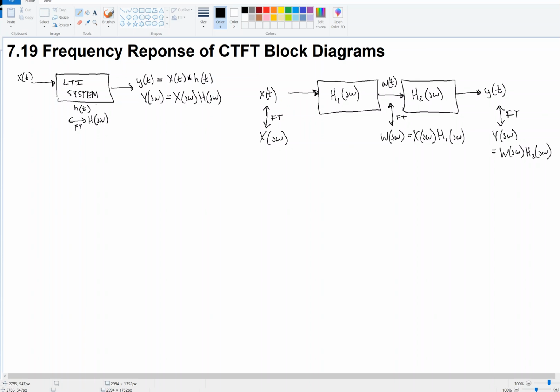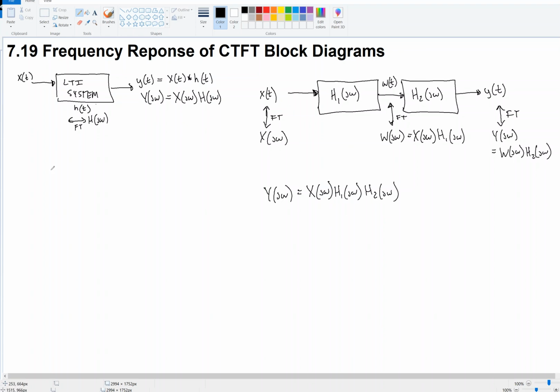I'm running out of space here, so I'm going to put this down below. So we just applied that principle twice. But what is W? W is X times H1. So we can write this as X of j omega times H1 of j omega, that's W of j omega, and then times H2 of j omega.